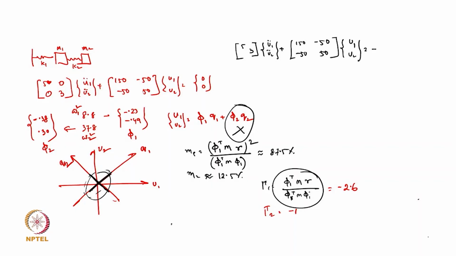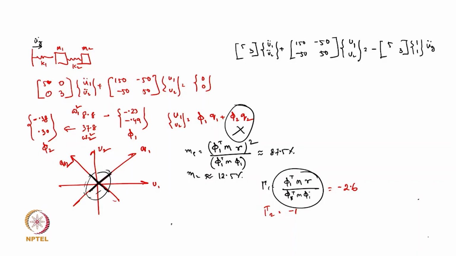Here you will have [5 3] times [1 1] times u_g double dot. Agreed? Agreed, all of you? I just try to write it so that it means you now have the u_g double dot excitation. You are just displacing your base with u_g double dot excitation. Okay.